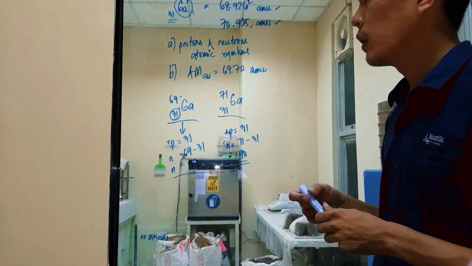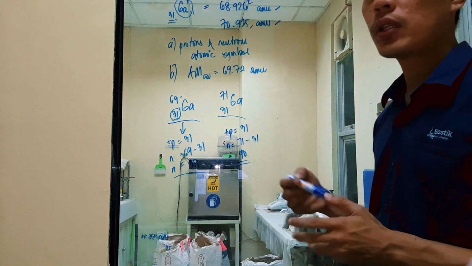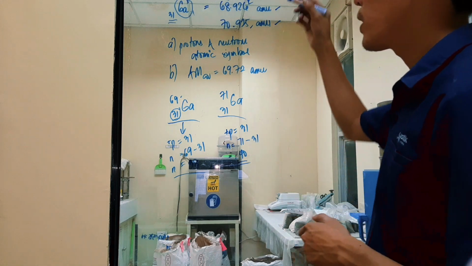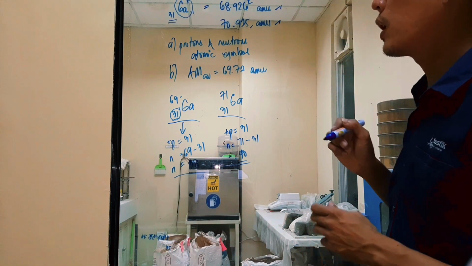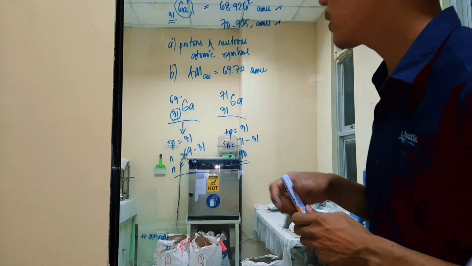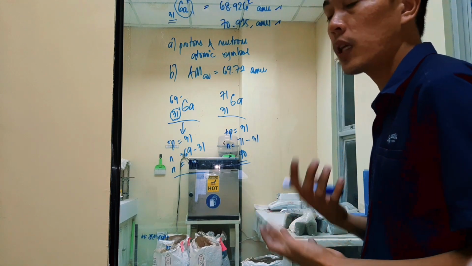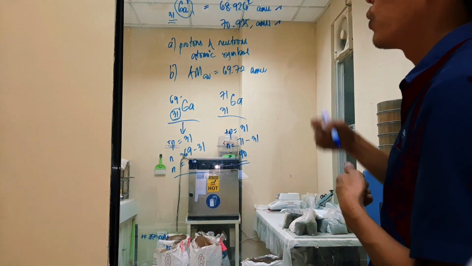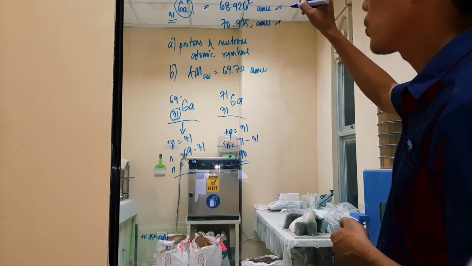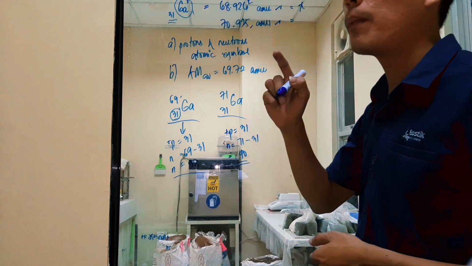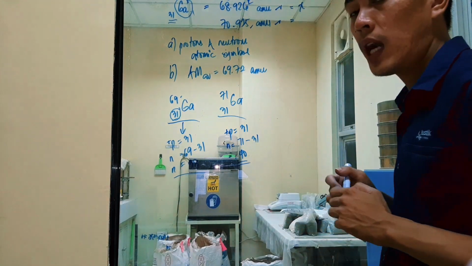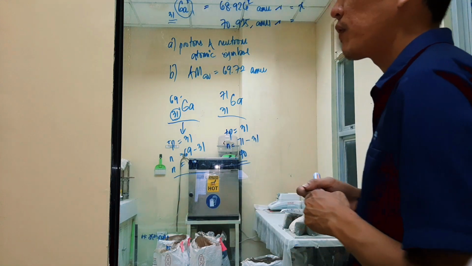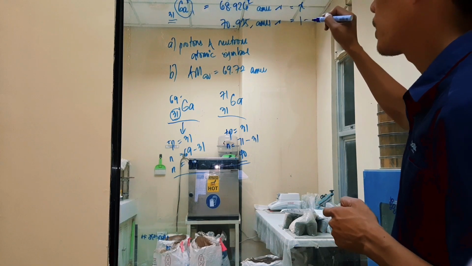For letter B, you need to find the percent abundance for each isotope, 69 and 71. You are given the atomic mass of each. To calculate this, we need to create an algebraic expression. We'll represent gallium-69 as x, and since we need 100% abundance for both isotopes of gallium, we'll have the other as 1 minus x.